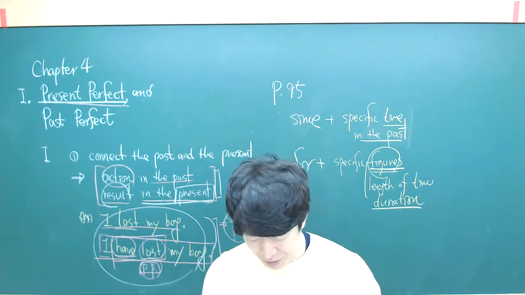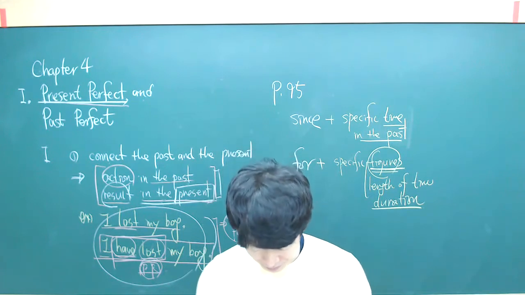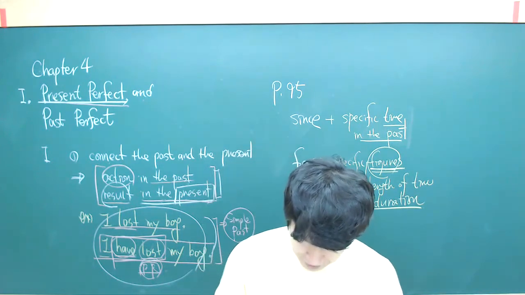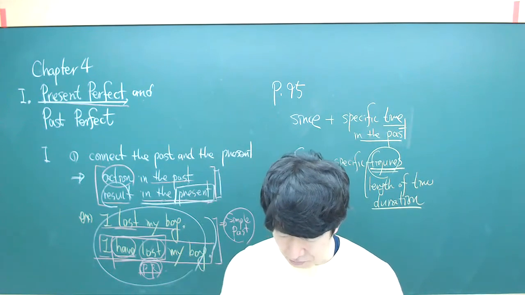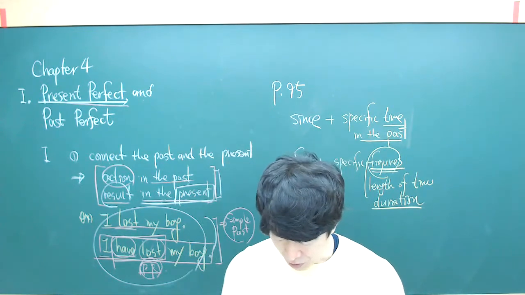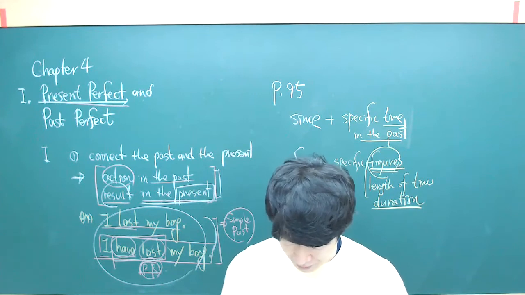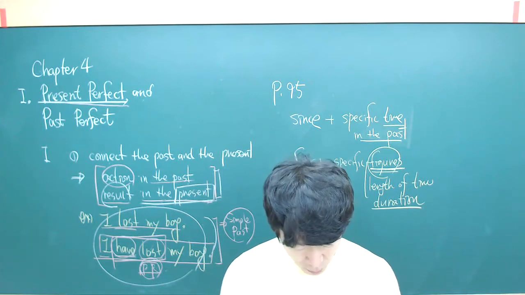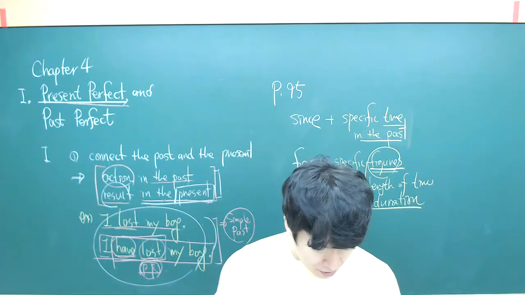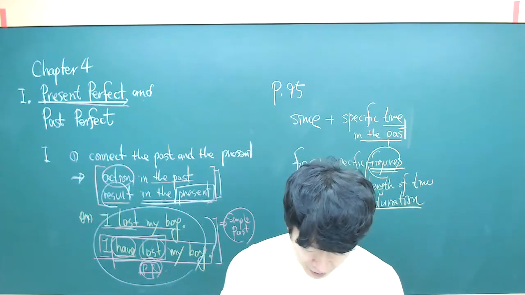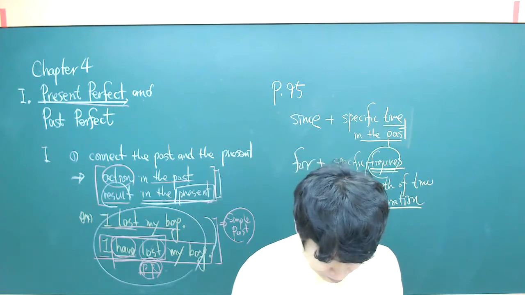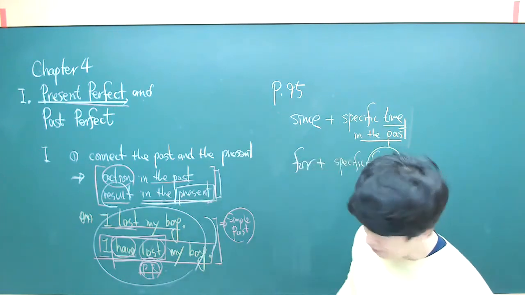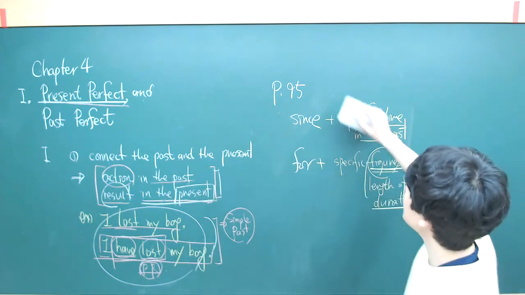And I've been in this building for 3 hours. So you can express yourself, but we've been in class since this morning, for 5 hours. You can practice using exercises 20, 21, 22. Okay, let's move on to page 98.